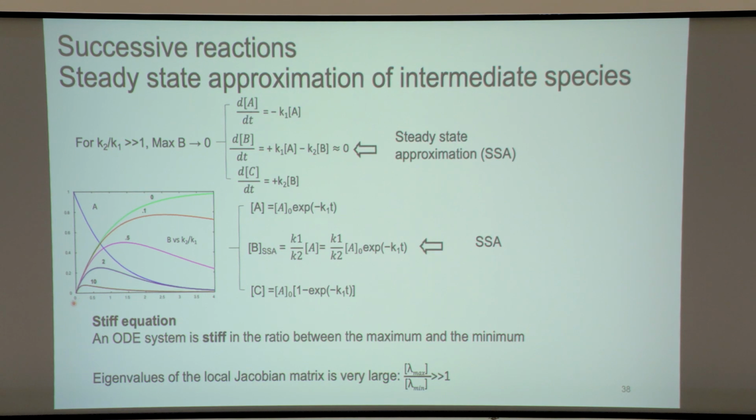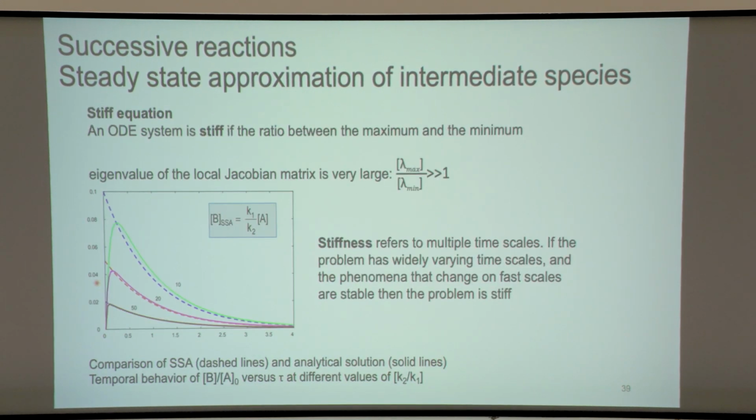But species B is produced and consumed in a matter of microseconds. This is a huge difference in timescales. And in any type of system where you have a system of ordinary differential equations with widely differing timescales, we have what we call stiffness, okay?